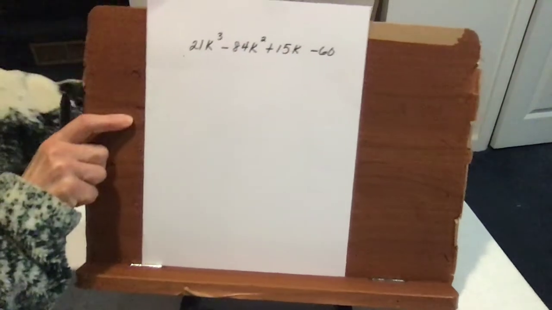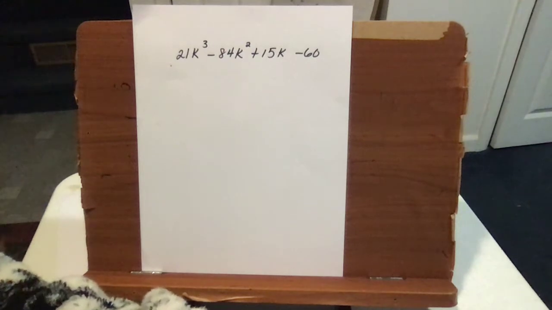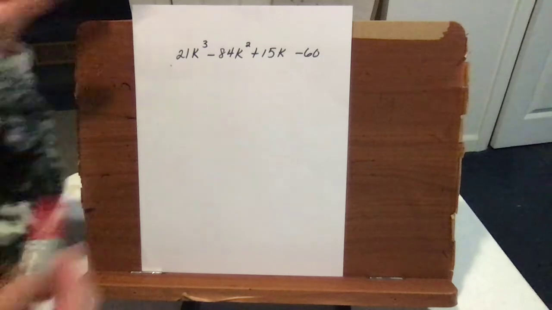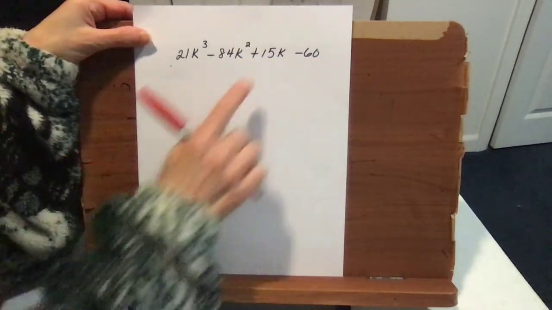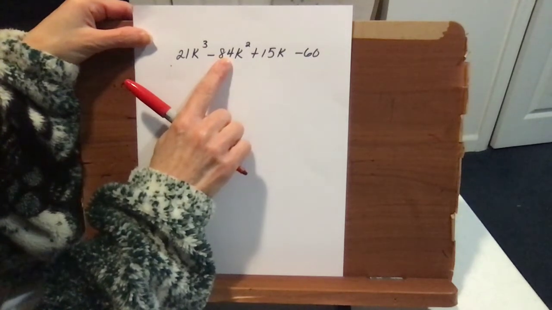All right, next we have 21k cubed minus 84k squared plus 15k minus 60. So as always, you should look for GCFs. We didn't have any in the first two problems we did. 21, 84, 15, and 60. I tried 15, but it doesn't divide into 21 or 84.